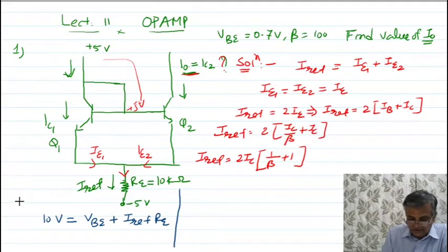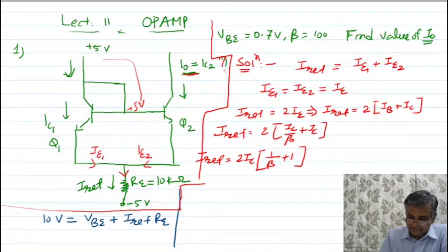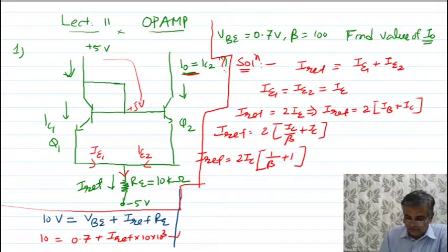From this you can find the I reference. So I am writing 10 volt is equal to 0.7 plus I reference into 10 into 10 raised to 3. So this gives the value.